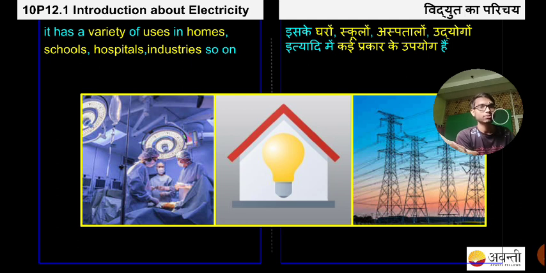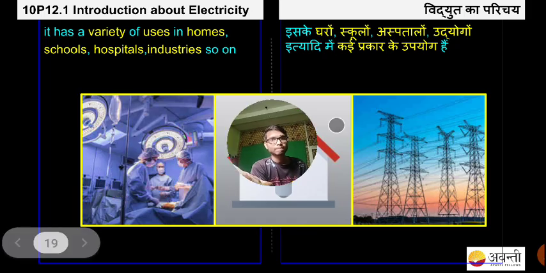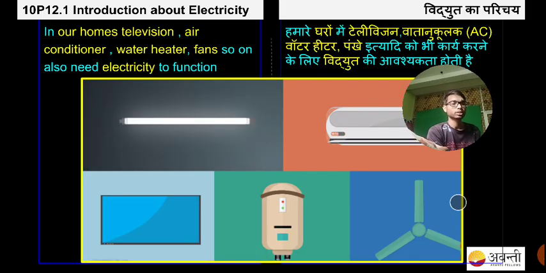And this is a transformer here. Here electricity travels, and there are a lot of transformers which control the voltage of electricity. About it we will explore in the next slide.